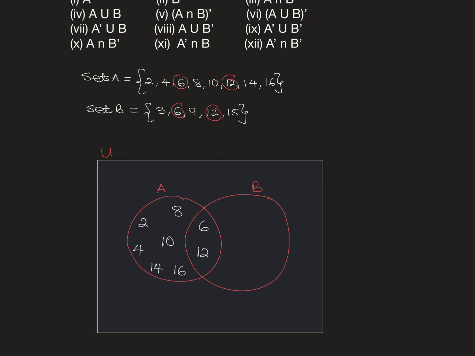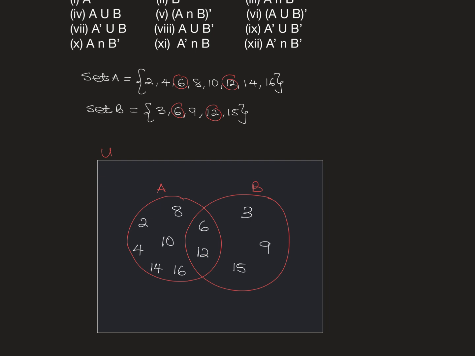So we have indicated the members of set A. Now let's write the members of set B. Is 3, 6, we have it already, 9, 12, we have it already, and 15. Let's make a quick control: 3, 6, 9, 12, 15.